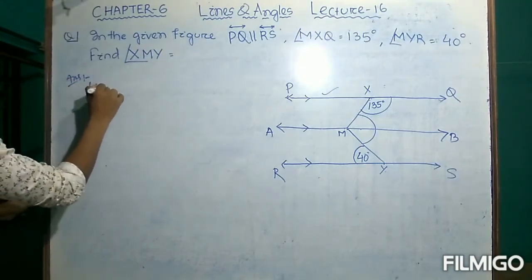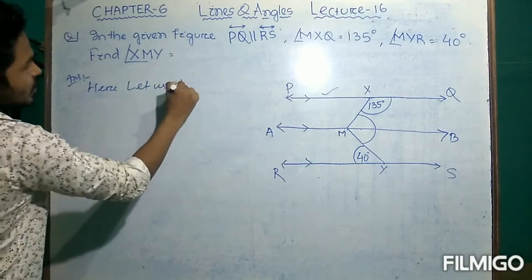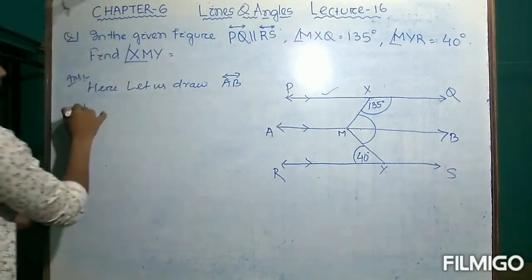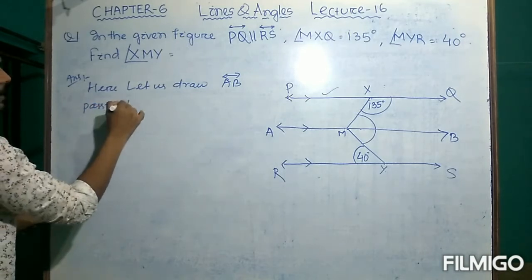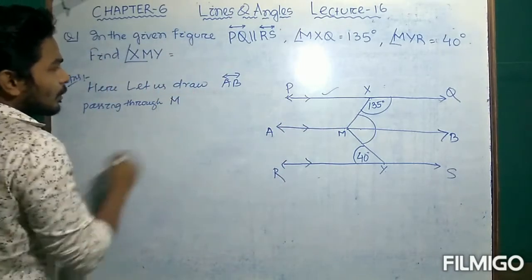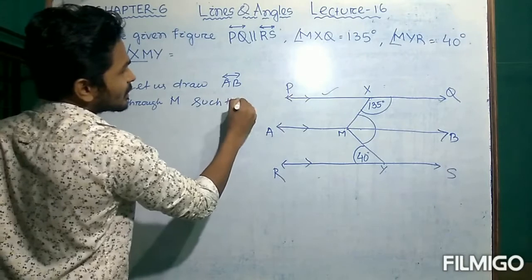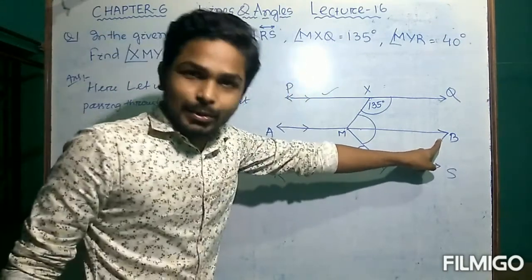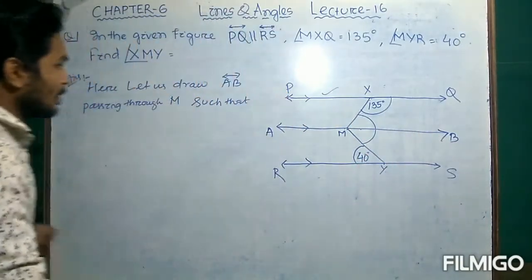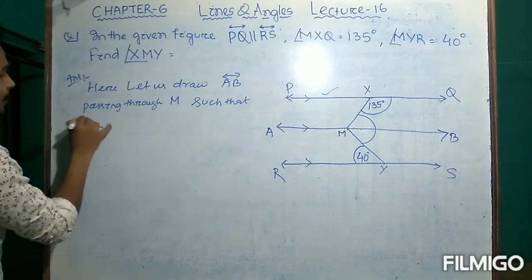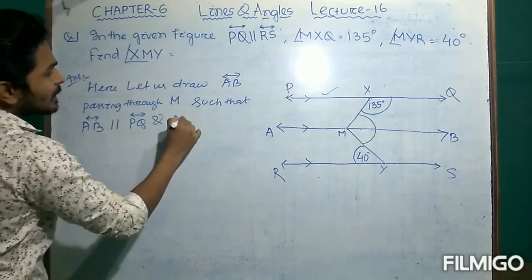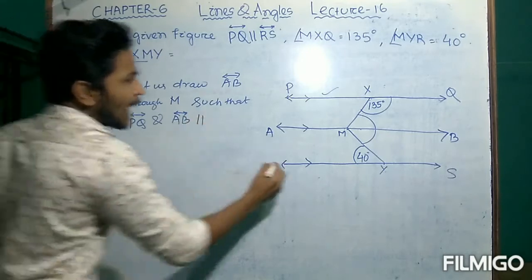Solution: let us draw the line AB passing through the point M, such that AB is parallel to PQ and AB is also parallel to RS.